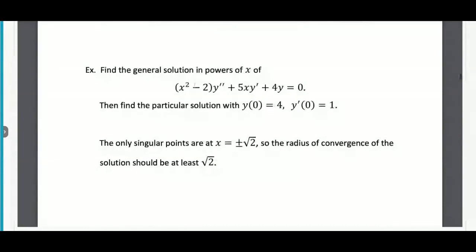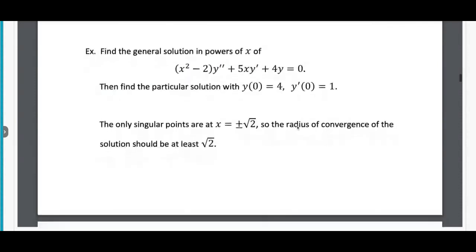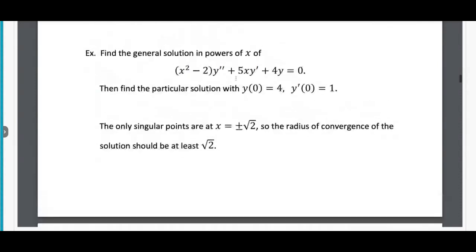Let's see this example. Find the general solution in powers of x of this. So this is a of x, b of x, c is constant. Then find the particular solution with those two initial values. So the only singular points are plus minus square root 2.